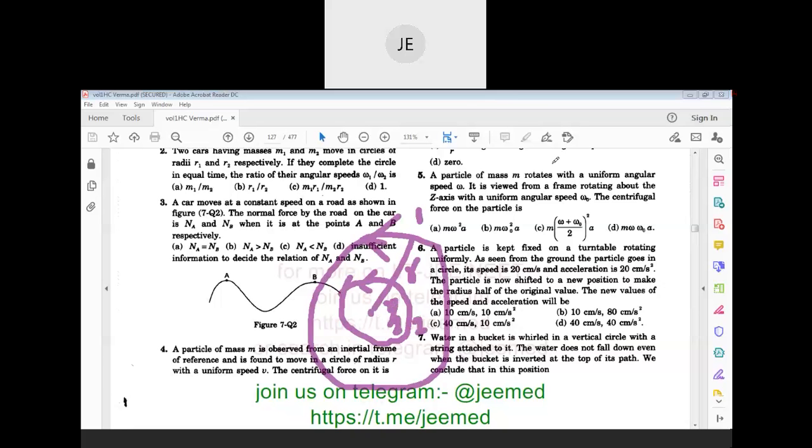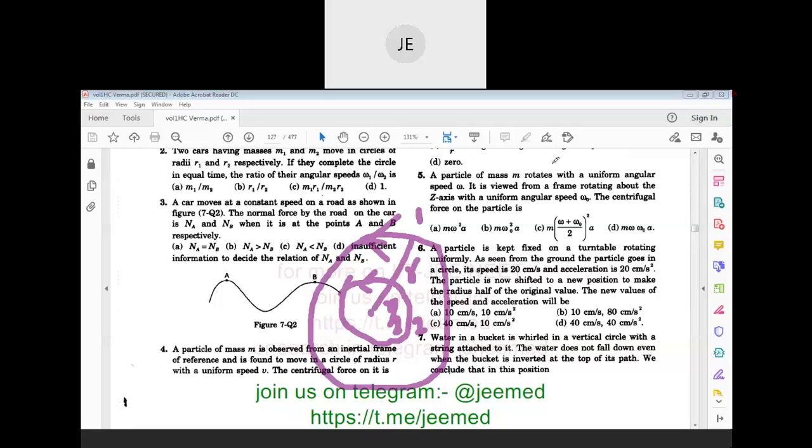We have various expressions, like centripetal acceleration is v square by r and angular speed is v by r. There are many expressions. You try that.